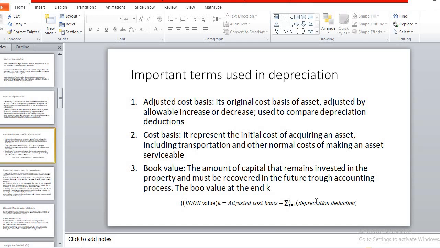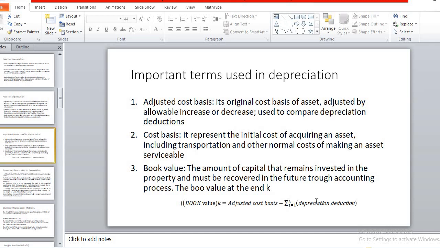After paying all the costs, that machine reaches your company and you can use it, it is serviceable in your company.